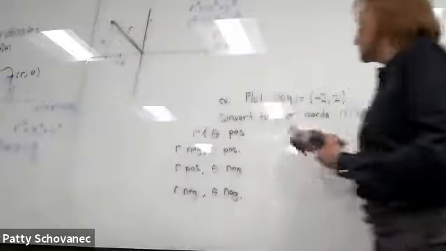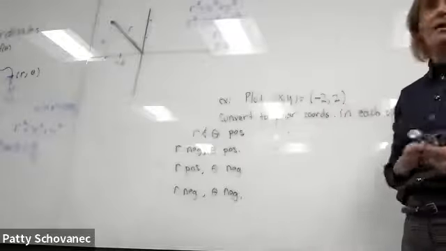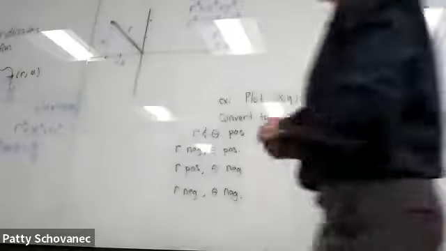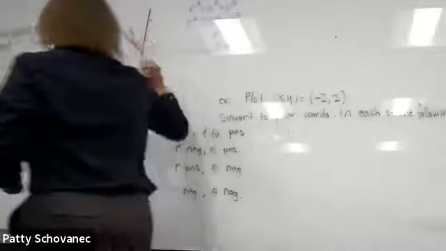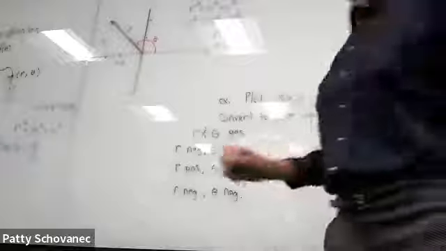Okay, so that'll give us the first case where r is positive. Now we need to know an angle measured from the positive x-axis to get me to this point right here. We can use a reference angle.